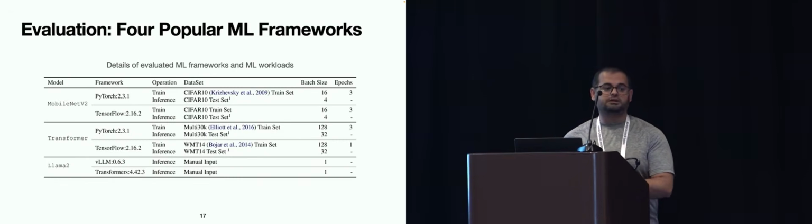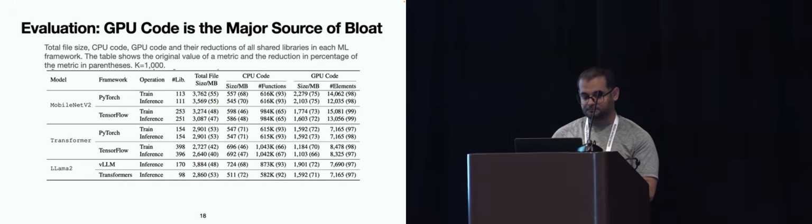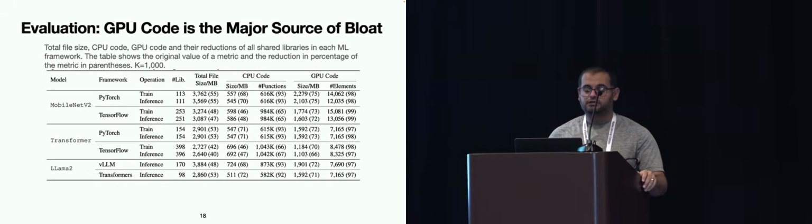So now for evaluating the approach, the authors used 4 popular machine learning frameworks like PyTorch, TensorFlow, vLLM, and Transformers with different models and modes of operation, like training and inferencing. The first part of the evaluation is identifying bloat, the main sources of bloat, and the reduction that they can achieve.